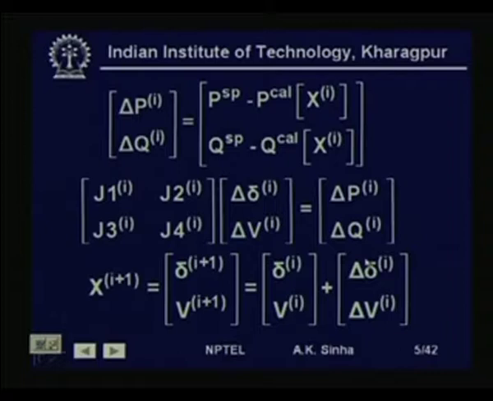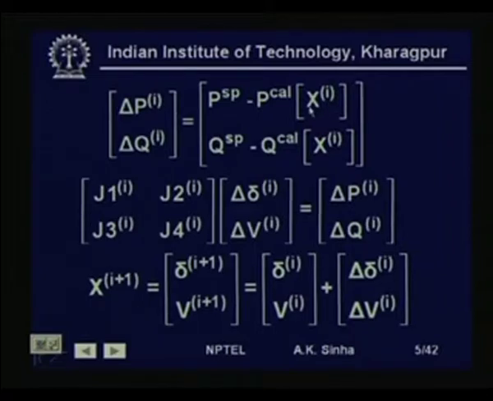From these relationships for Newton-Raphson load flow, we had developed the model where J into delta x is equal to delta P, delta Q, where the delta P delta Q vector is given by P specified minus P calculated, which is a function of the state variables at ith iteration.